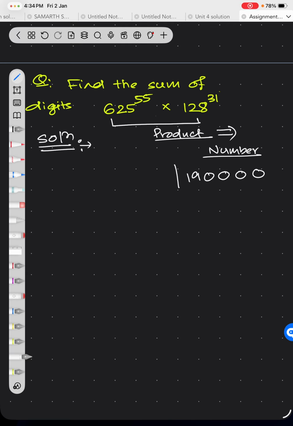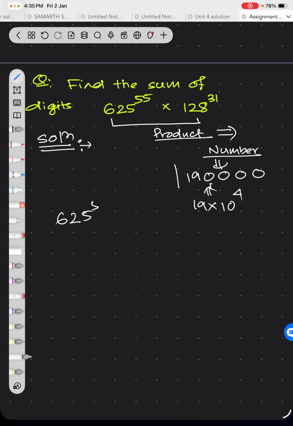Consider 19 with zeros, 1 2 3 4. Then we can write it as 19 into 10 to the power 4. That means we are going to write the number as a product of that number with 10 to the power something. Okay, so let's do it.